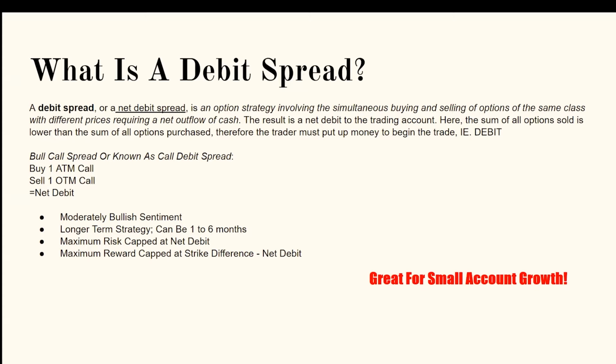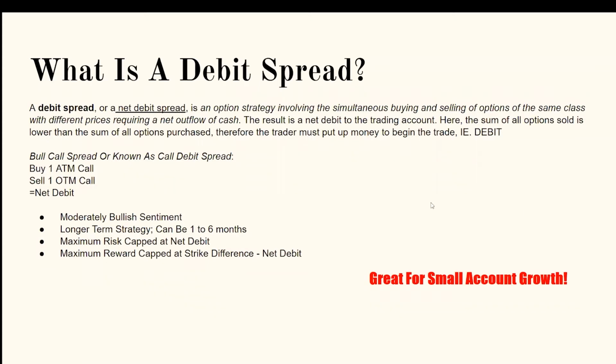What that means is you're basically buying one contract and selling another contract to get a net debit, so that way it's kind of capped out. It's very ideal for small account growth, because with naked option playing you're usually paying a lot more money.